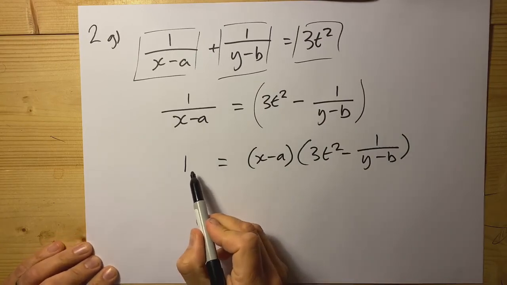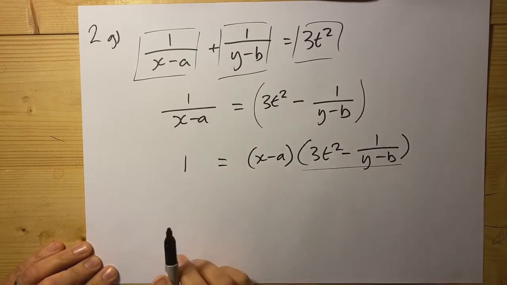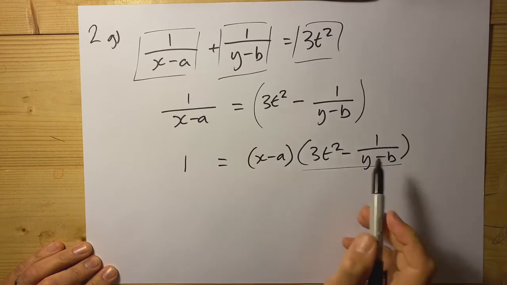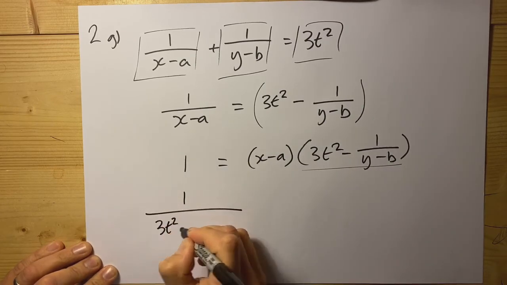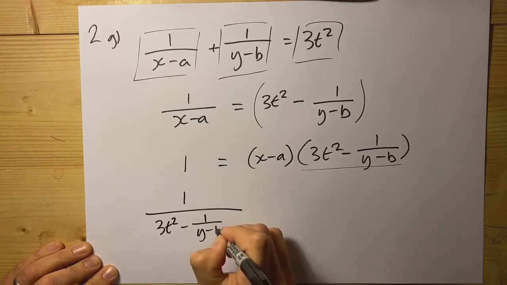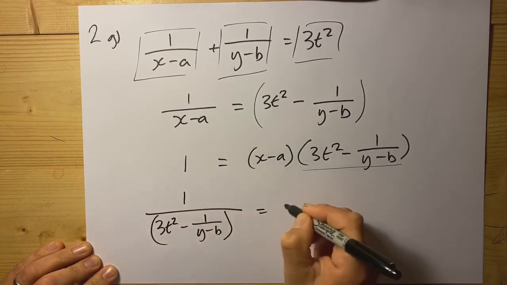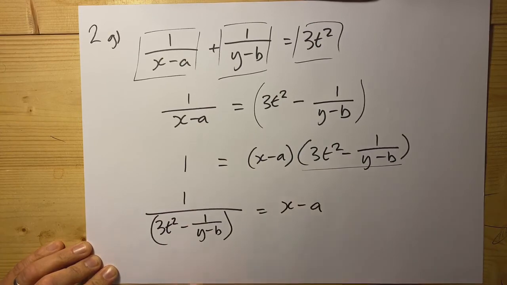Okay, so now we can get rid of this term on this side by dividing both sides by it. 1 over (3t squared minus 1 over y minus b) equals x minus a.